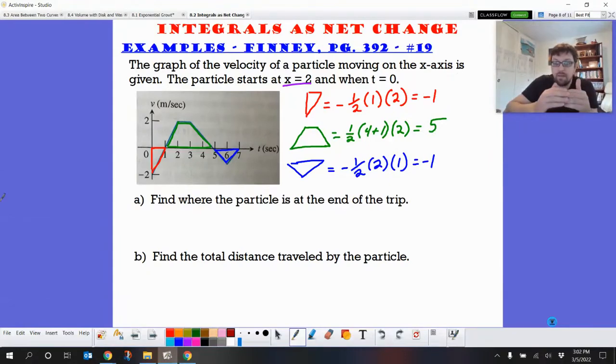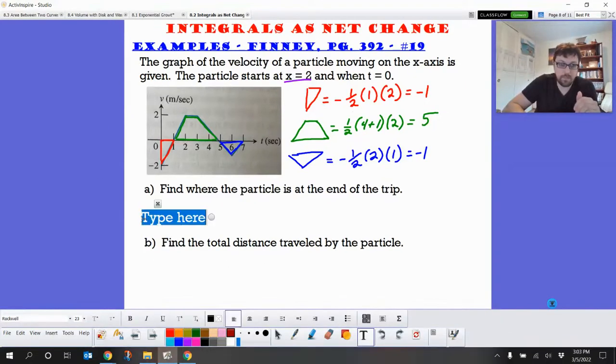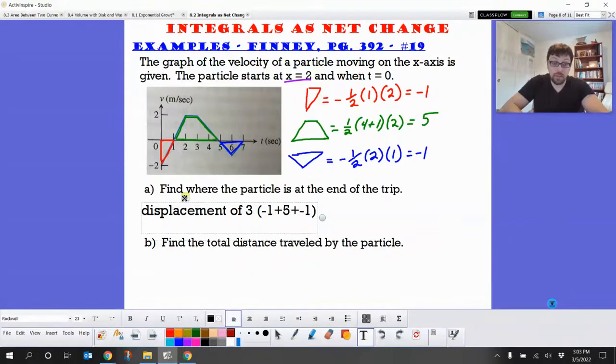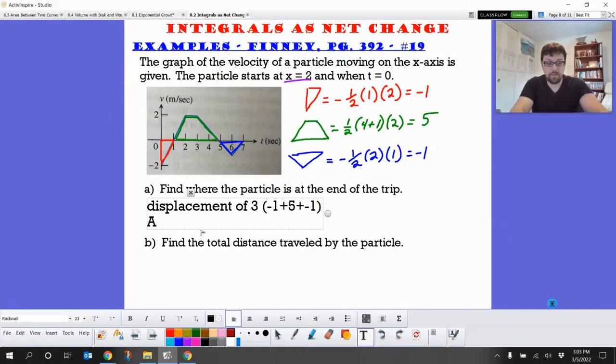So the total amount that it has moved, its displacement, is 3, because we're doing negative 1 plus 5 plus negative 1. We have a displacement of 3 and it started at 2. Its final position at the end of the trip is whatever 3 plus 2 is, which is 5.